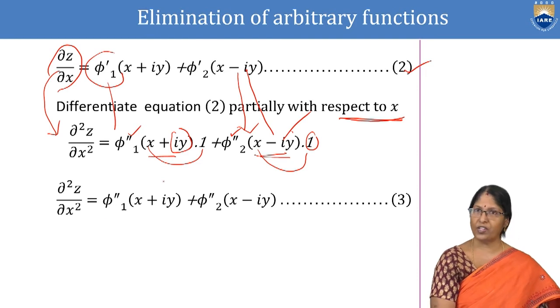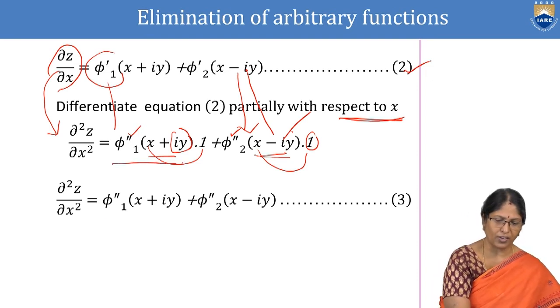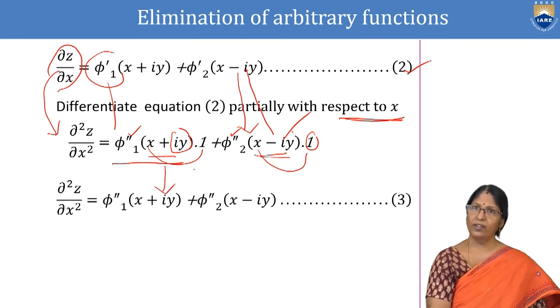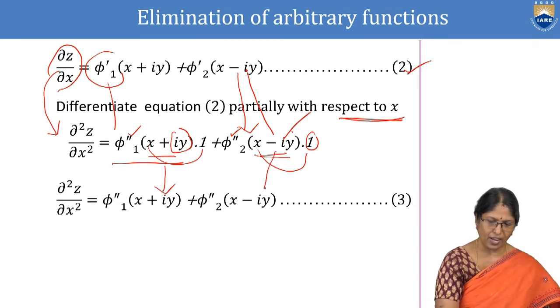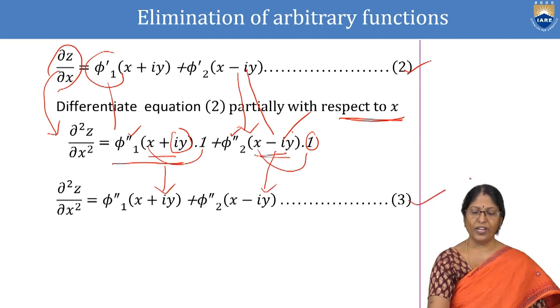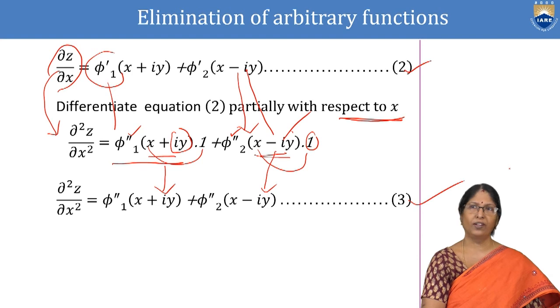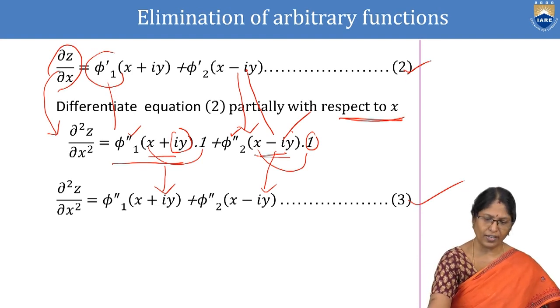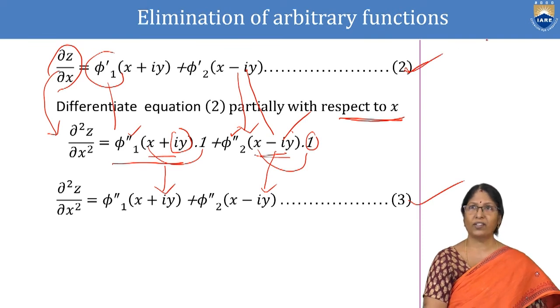Now the simplification we did. So this part into 1 as it is will come, because 1 is a multiplicative identity, and this is also written as it is. This we named equation 3. So the given equation, first time we did the differentiation, we got the result that we named equation 2.